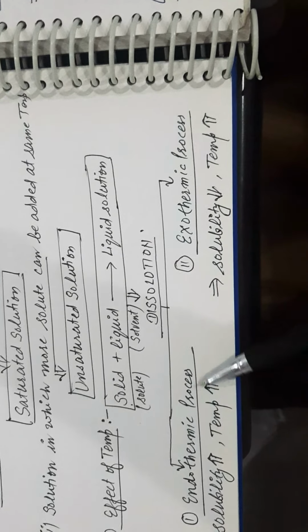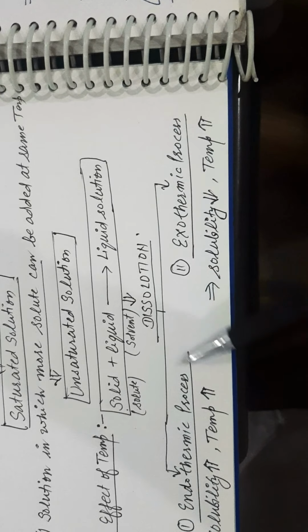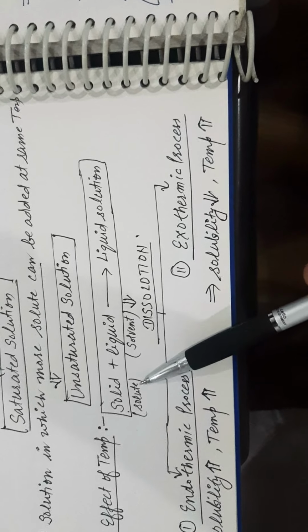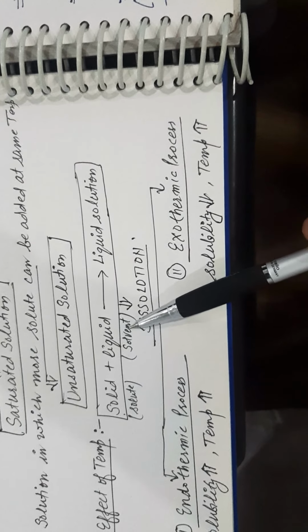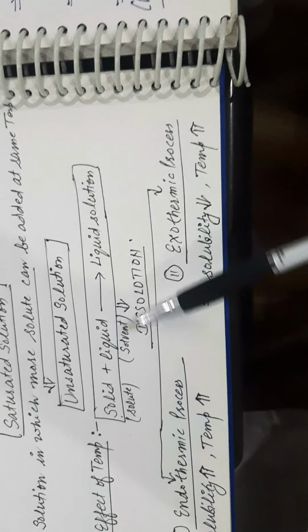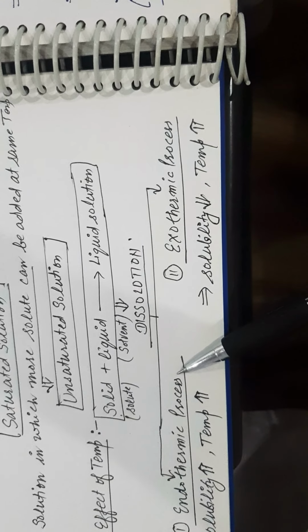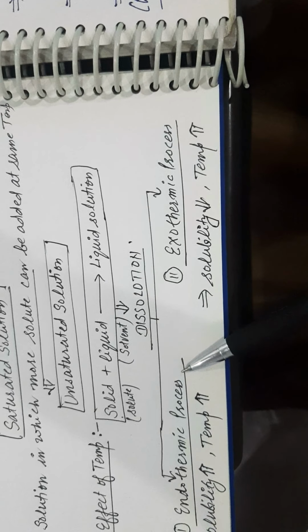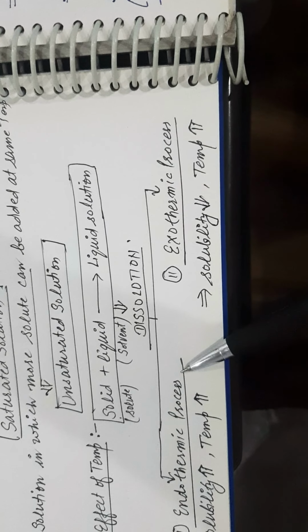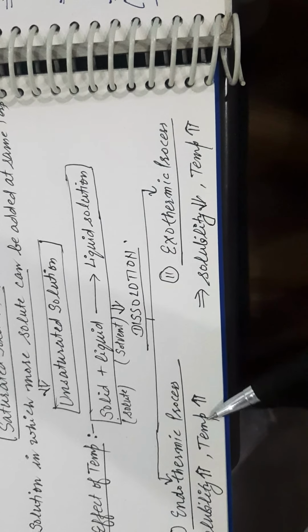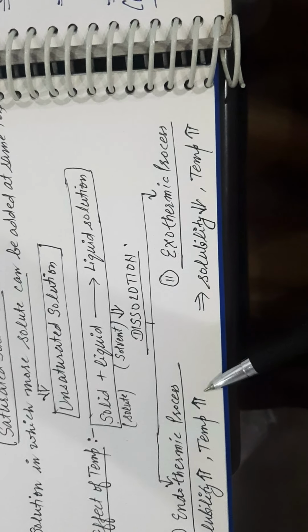So if the dissolution process is endothermic, that means if you dissolve a solid solute in a liquid solvent and the process is endothermic, then in that case solubility increases with increase in temperature.